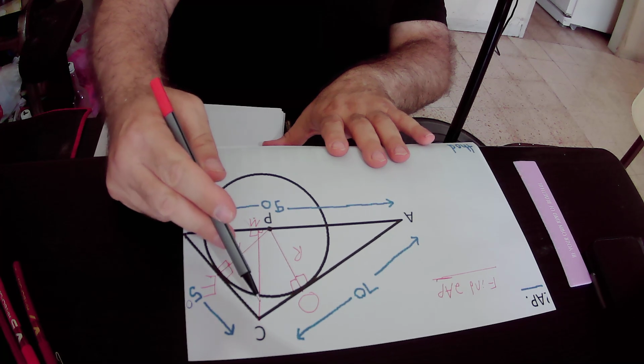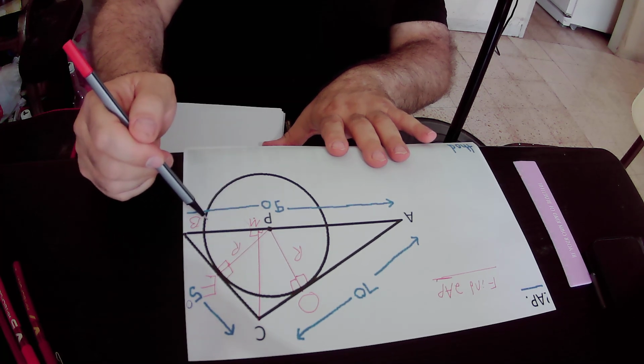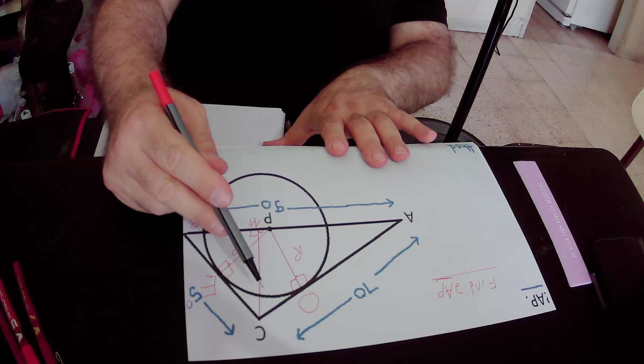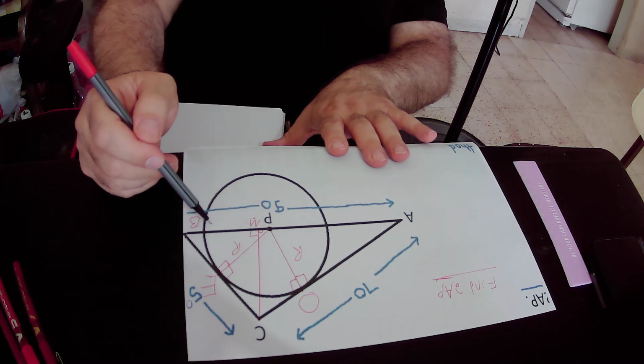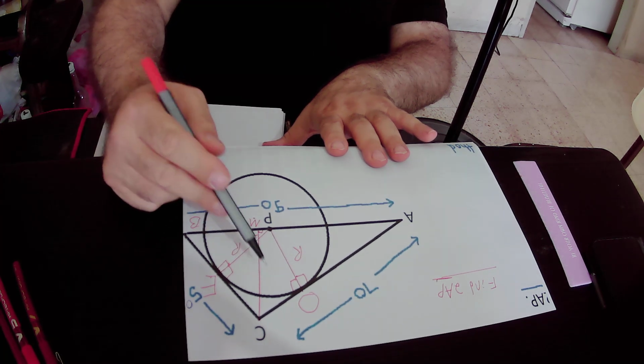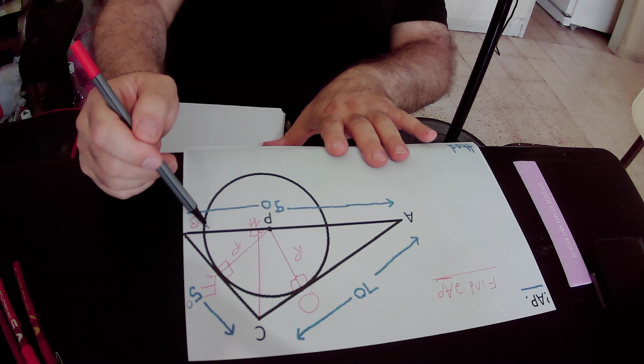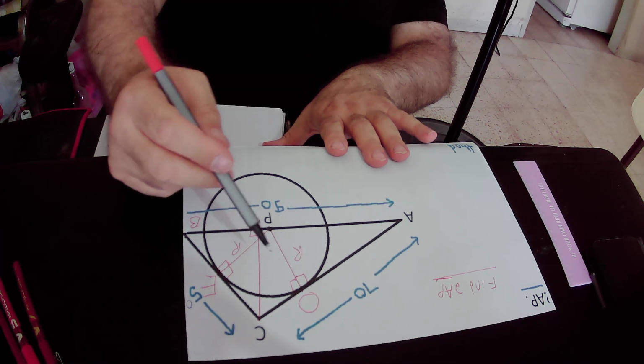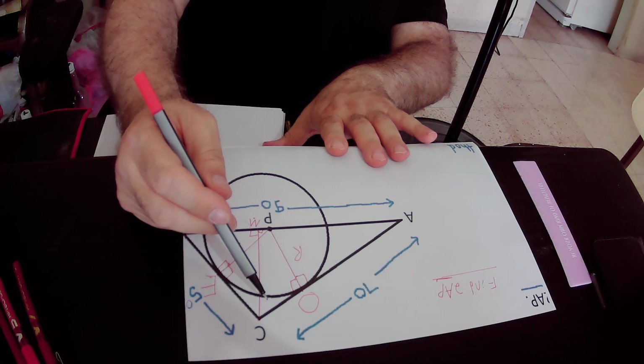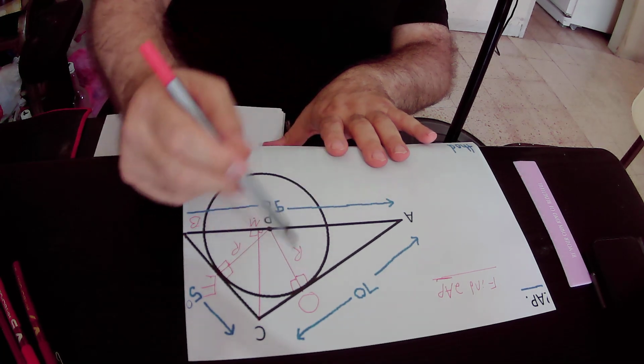The first right triangle is CMB, and because angle CMB is 90 degrees, triangle CMB is a right triangle. And the second right triangle is the triangle ACM.